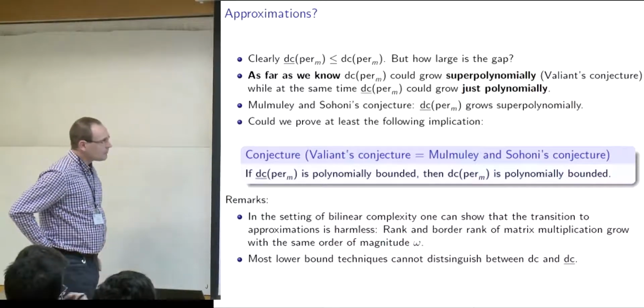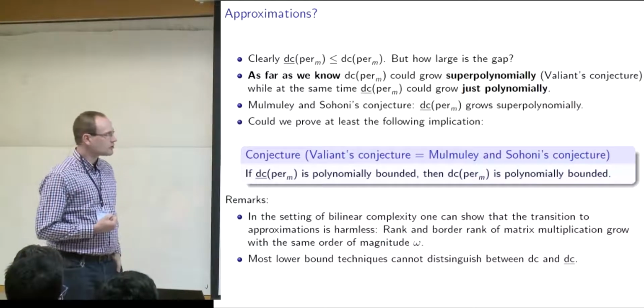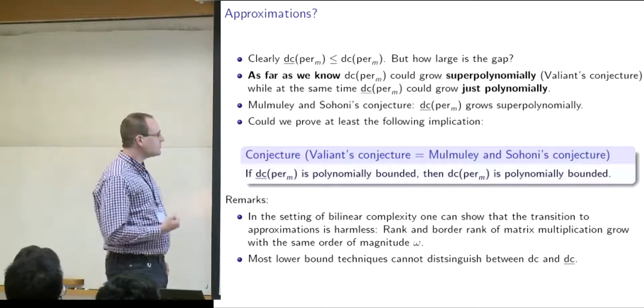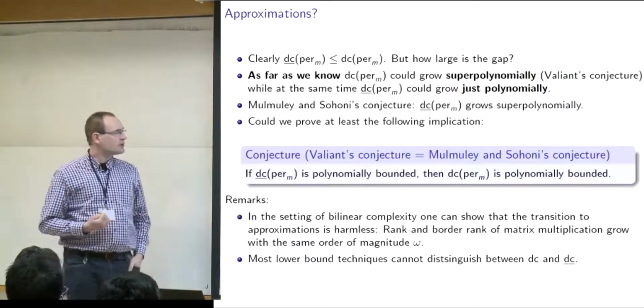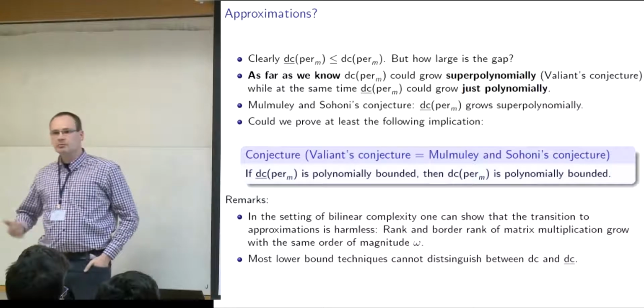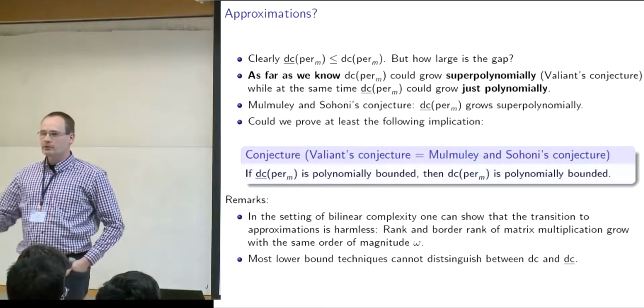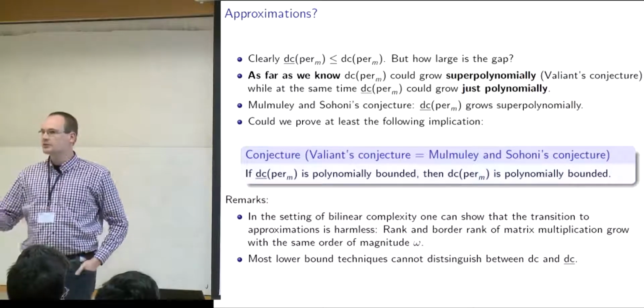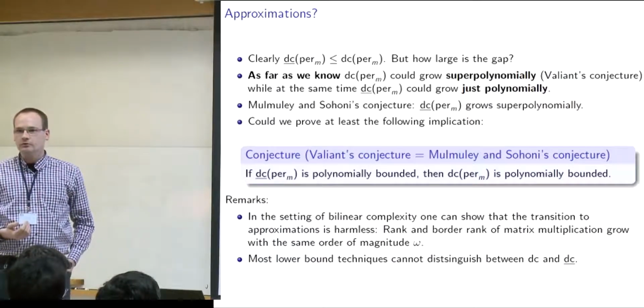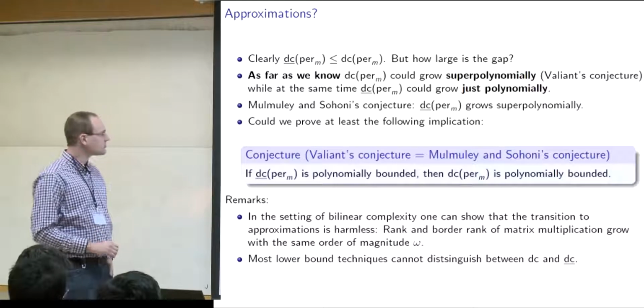Could we at least prove that these two conjectures are the same? If DC bar is polynomially bounded, then the DC should also be polynomially bounded. This is precisely a question about qualities of approximation and what happens if you go to the boundary.